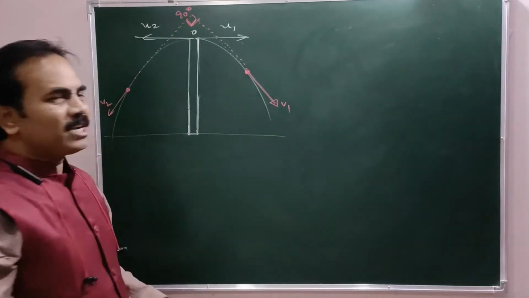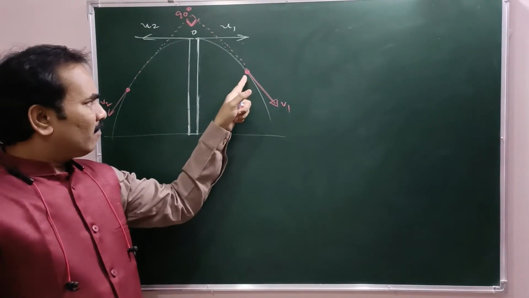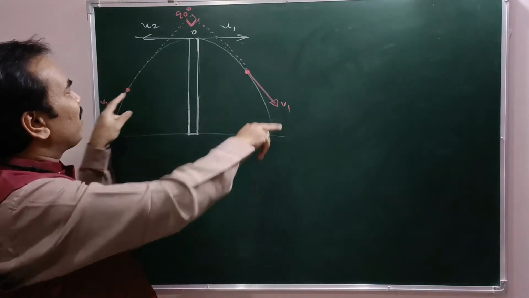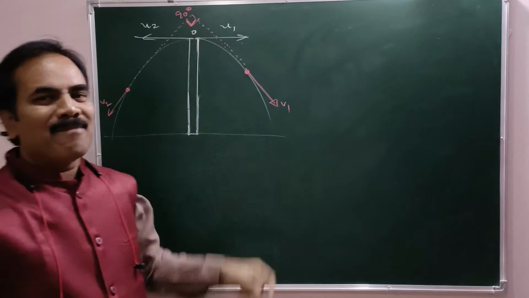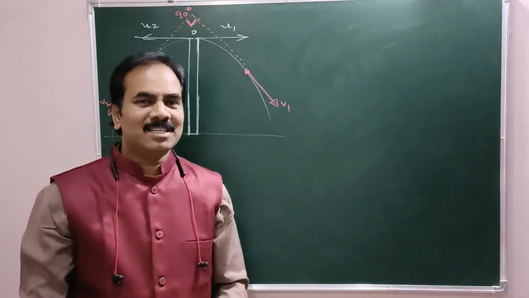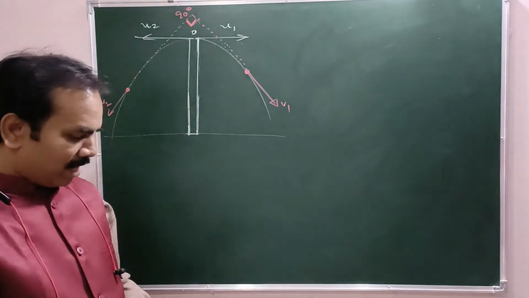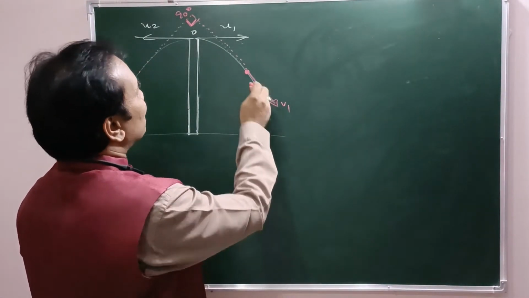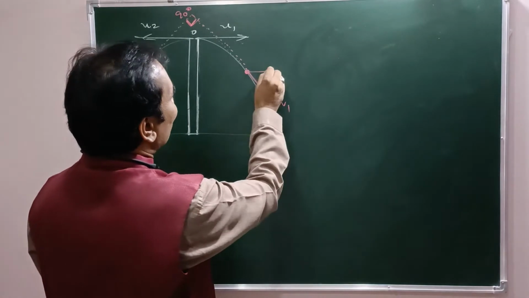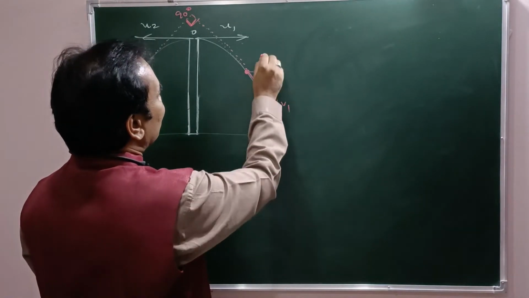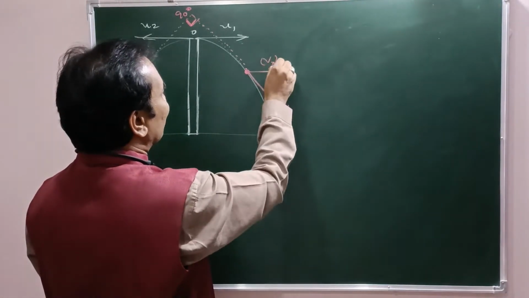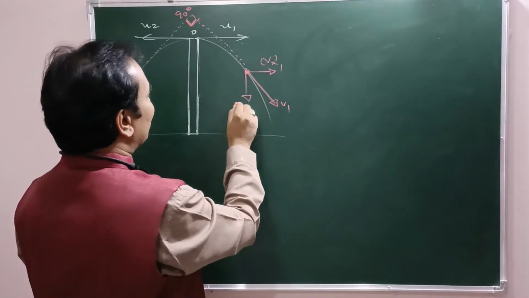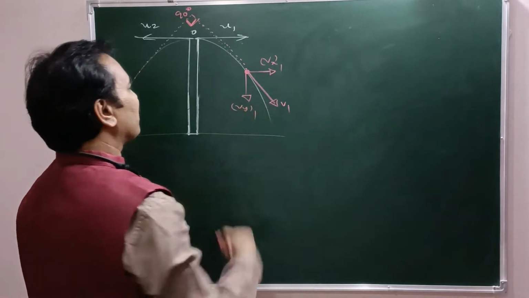Now, the question is, for those projectiles, if the velocity vectors are perpendicular to each other, what is the time taken for that to happen? So what I am doing here is resolving this velocity vector into two components. One is along the x-axis, that is Vx for the first projectile. This is the vertical component, that is Vy for the first projectile.